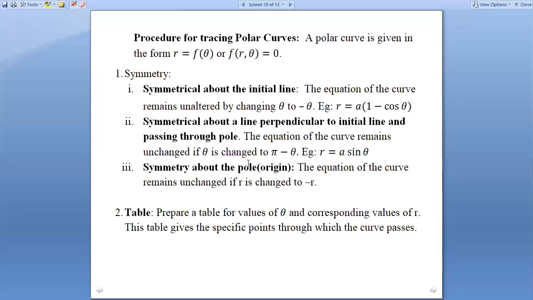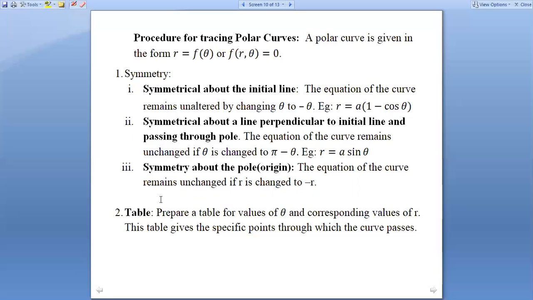Next, symmetrical about the pole or the origin. So if the equation of the curve remains unchanged if r is changed to minus r, then the equation is symmetrical about the pole or the origin. That means it is symmetrical about the line y is equal to x type in Cartesian form.